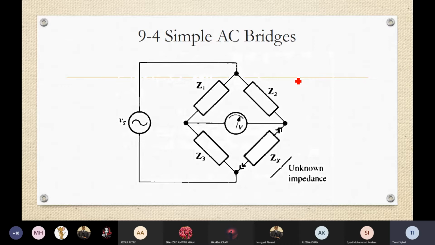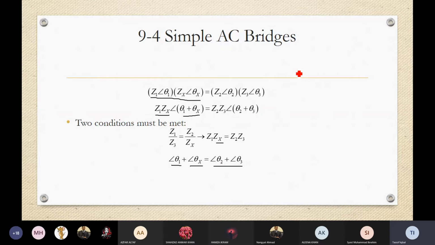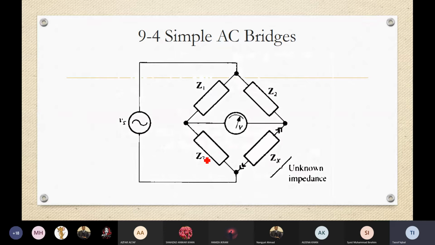So although the matching of impedance is quite difficult in this case, let's discuss a little bit. As we have Z1, Z3, Z2, and then Zx, which is the unknown impedance.